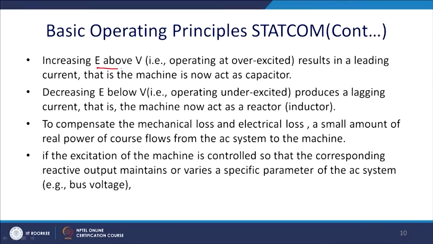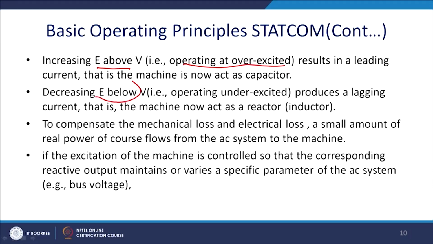So what is the principle of operation that we have told? Let us formulate it in a more systematic manner. Increasing E above V, it is in an overexcited state, resulting in leading current, and the machine now acts as a synchronous condenser or capacitor.